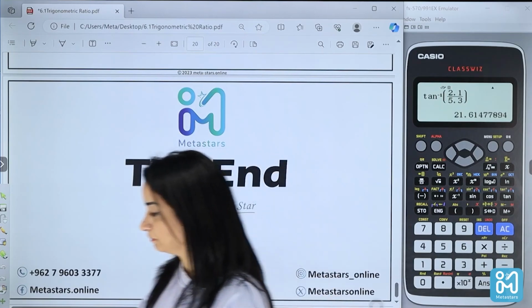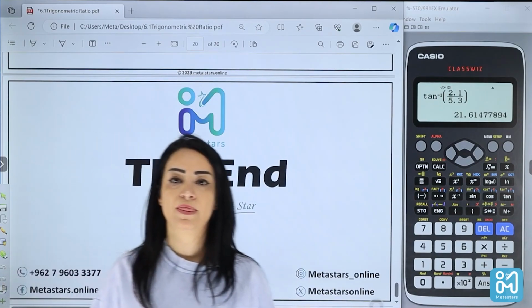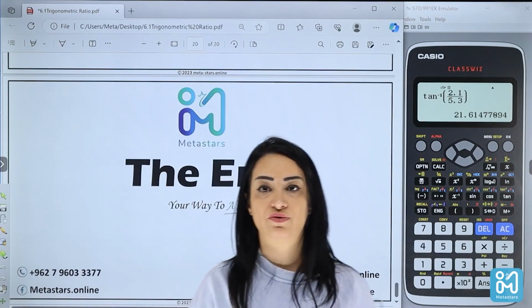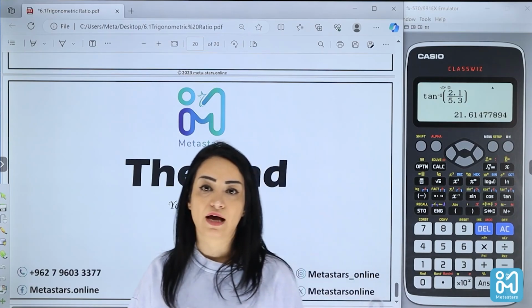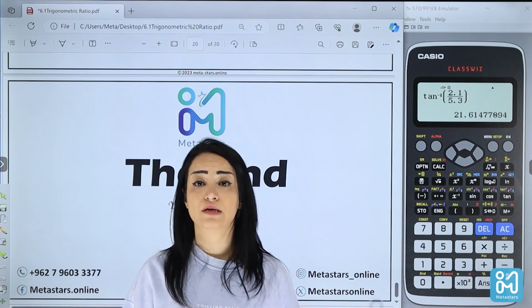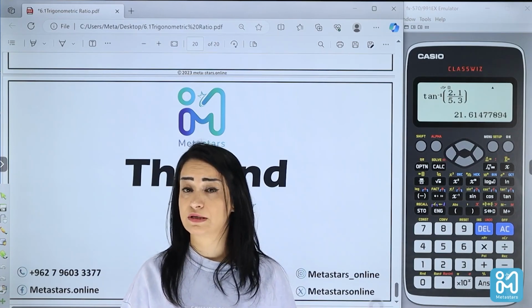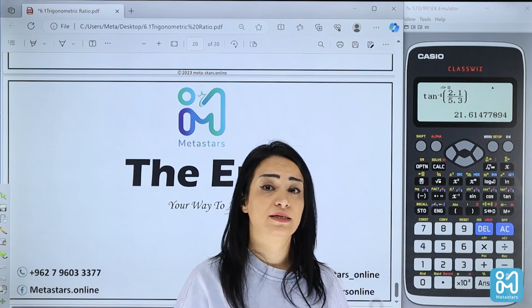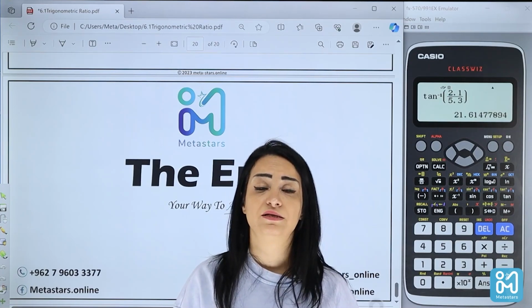So always remember that in the right triangle, the trigonometric ratios are: sine is opposite over hypotenuse, cosine is adjacent over the hypotenuse, and tan is opposite over adjacent. These are three relations.